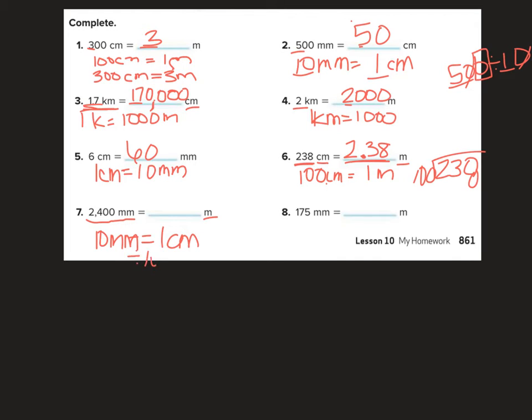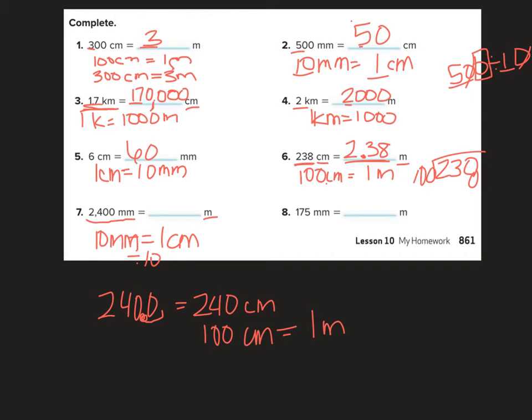I divide by 10. 10 divided by 10 equals 1. Okay, so I need to take 2,400 and divide it by 10. Remember, dividing goes to the left, so I need to move it 1 spot over, so that would be 240 centimeters.